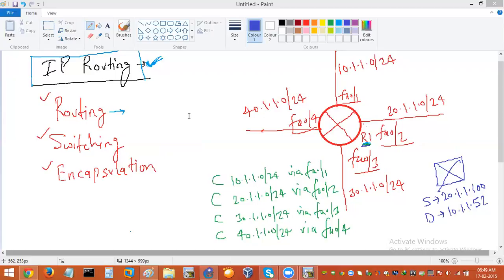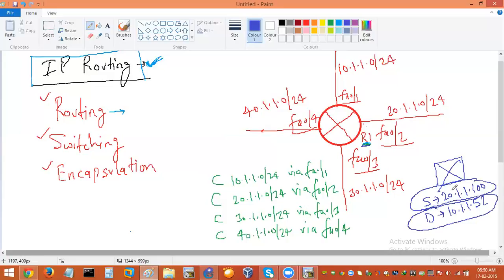Yeah, so look at the source and look at the destination. Based on that, you need to decide. So based on the source 20.1.1.100, you can see 20.1.1.100 is connected to the FA/2 interface. So that means when the packet is coming from 20.1.1.100, that packet would definitely arrive on FA/2.